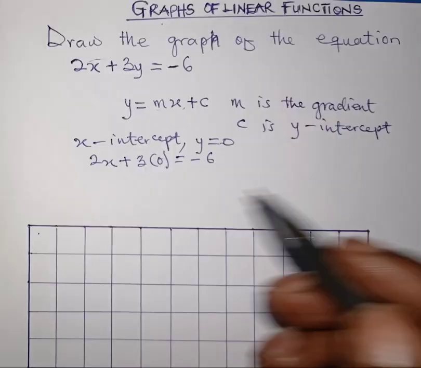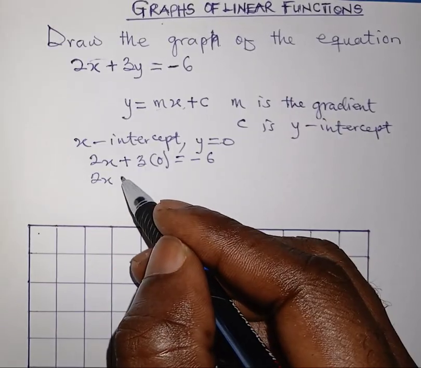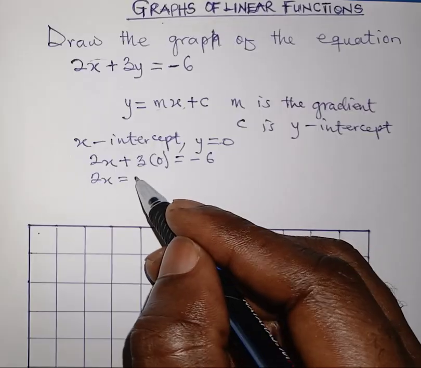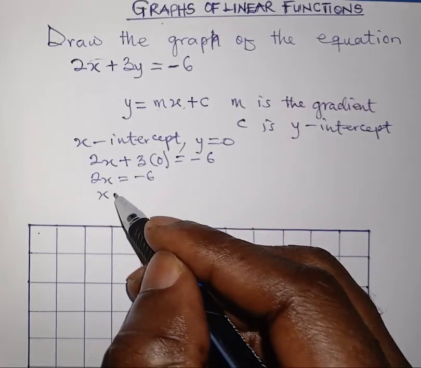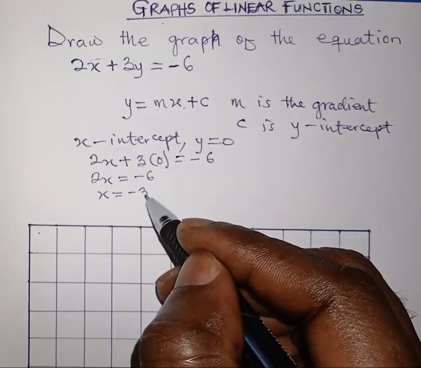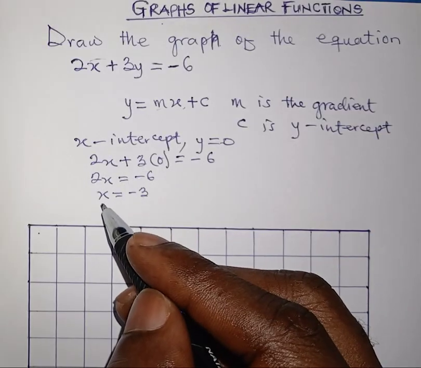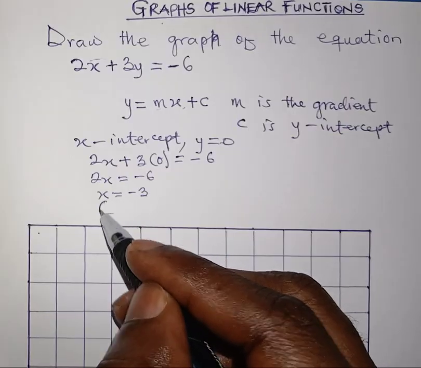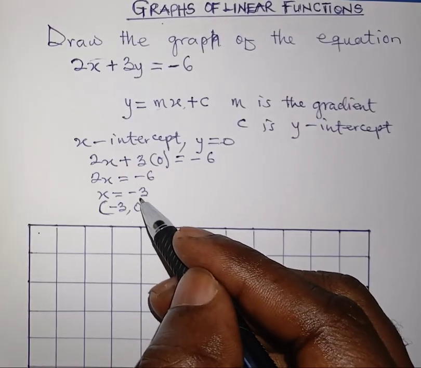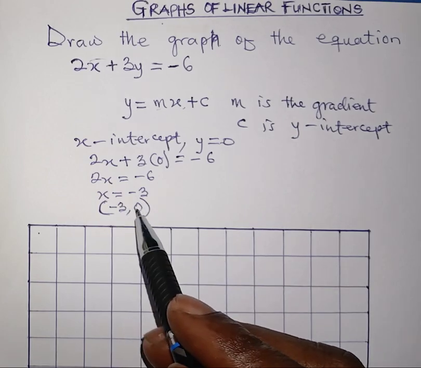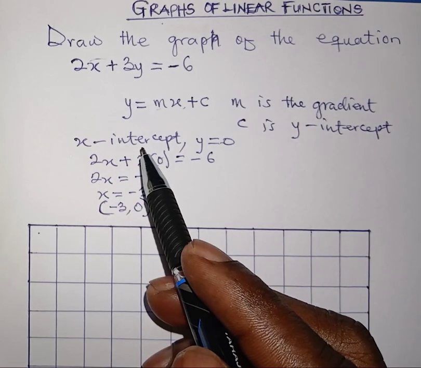Then I have 2x is equal to -6. If I divide both sides by 2, I get x is equal to -3. So for my x intercept, I get this coordinate: x is -3 and y is 0. So I have one coordinate that I can use, and that is for the x-intercept.